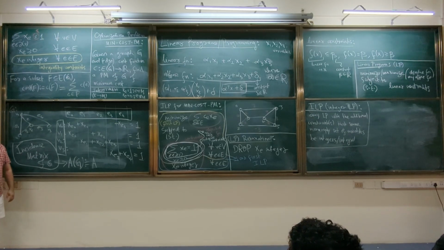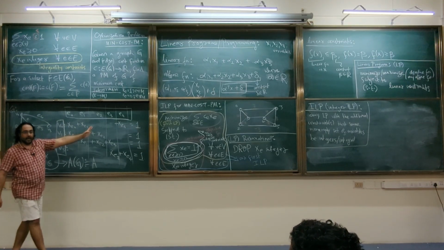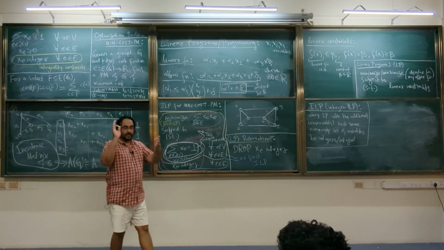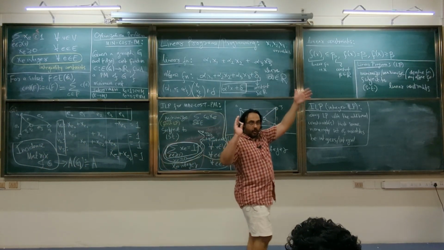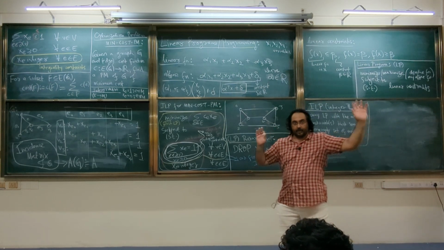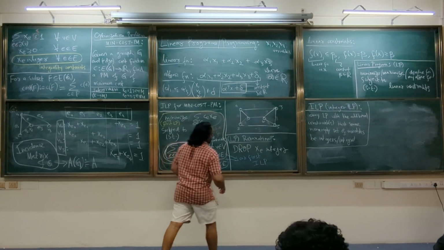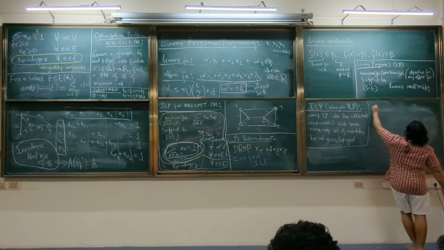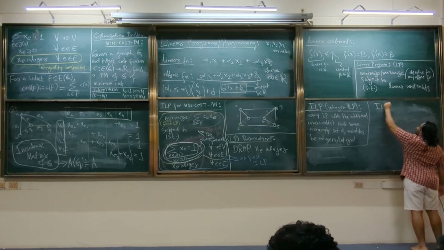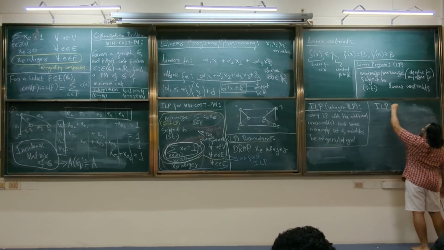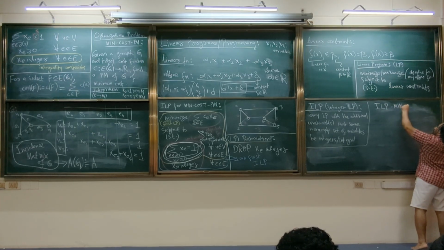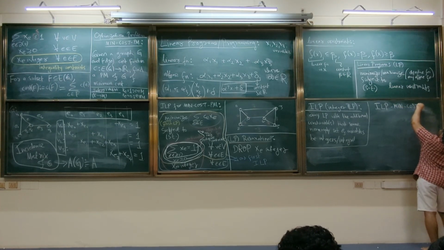Okay? And so, if A is my incidence matrix, then how do I write this? A times x equals the all ones vector, and you figure out the dimensions. Okay, so therefore, let's write down the ILP again. The min cost perfect matching ILP.